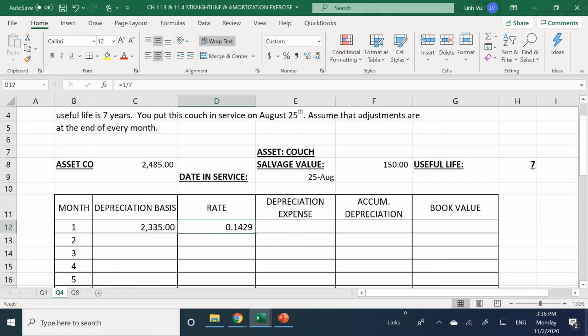Okay. So your rate is 1 divided by the number of useful life, 7. So 1 divided by 7 gives you 0.1429. You just have to display what you want to see.